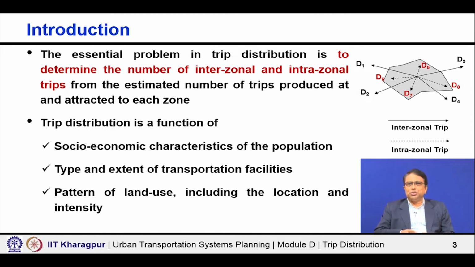A shopping center located in the heart of the CBD area, where there are wide roads and good parking facility, versus the same kind of shopping center located in the suburb, where the roads are narrow, vehicles cannot park on street, there is no off-street facility, and the development is unplanned. Naturally, the trip attraction is not going to be the same at the two destinations. So all these are factors and one should bear them in mind.